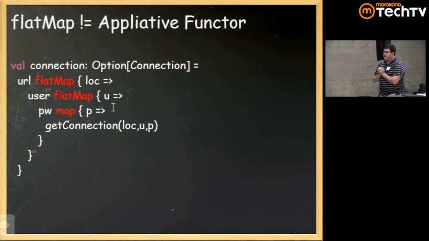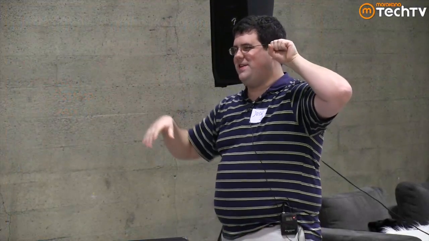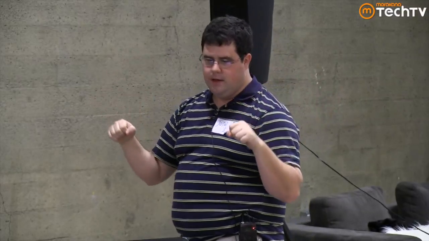FlatMap is not ideal for a build tool, right? When we're talking about initialized values, say I'm making a dependency on compiling my tests and compiling my source code, or actually a better example, running my tests and running my integration tests, and I want to do those two operations in parallel, right?